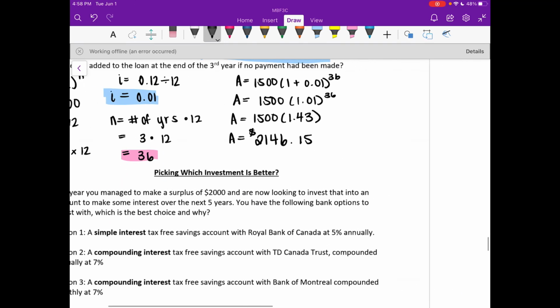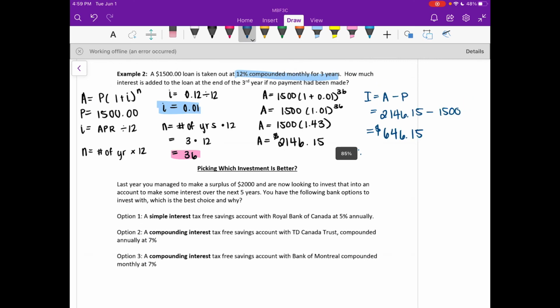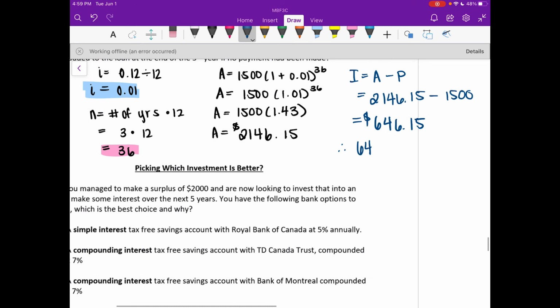If I want to find out how much interest that is, interest is equal to A minus P. We just take however much we have to pay and subtract how much we originally had to pay, which is 1500, and that is going to give us $646.15. Therefore, $646.15 of interest was added.